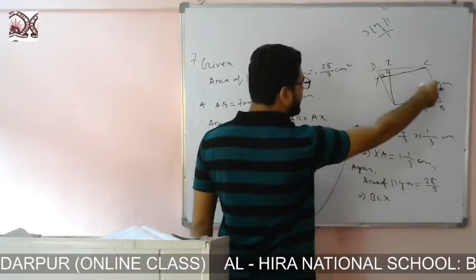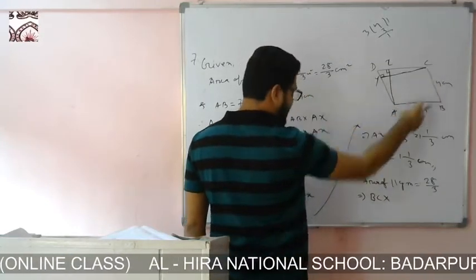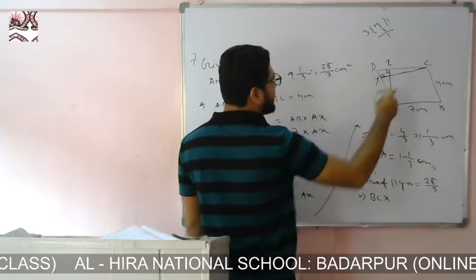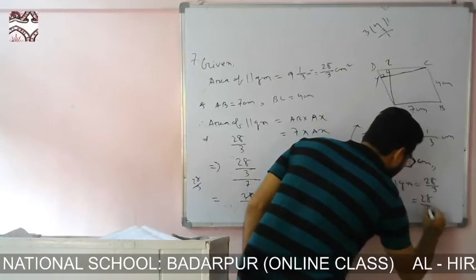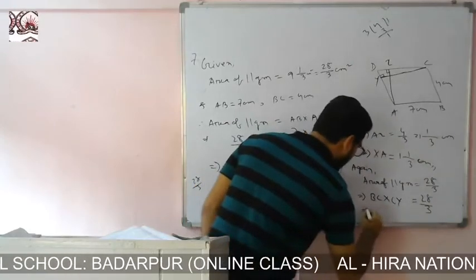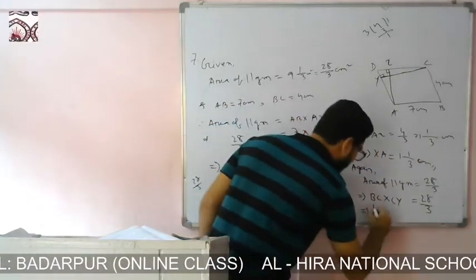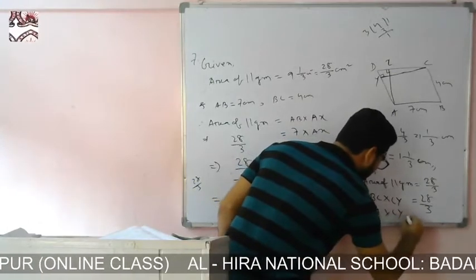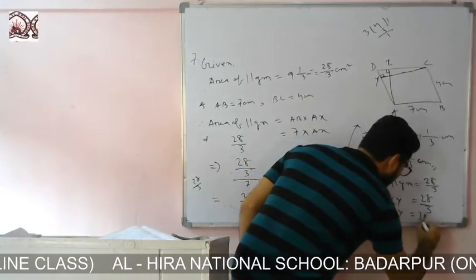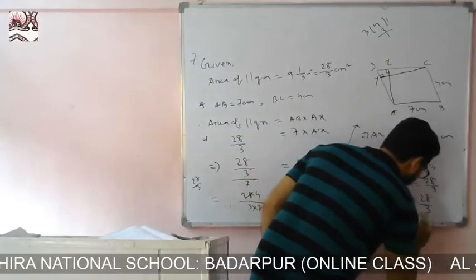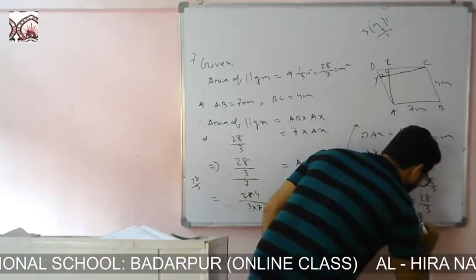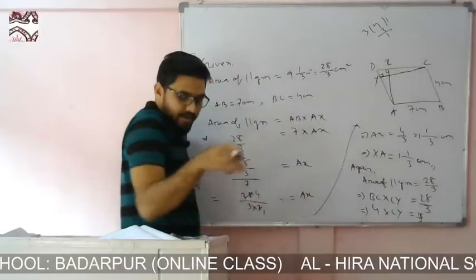If I take BC as base, then height will be this one, CY. So BC into CY equals 28 by 3. From there you put the value of BC: 4 into CY equals 28 by 3. After that you come here.